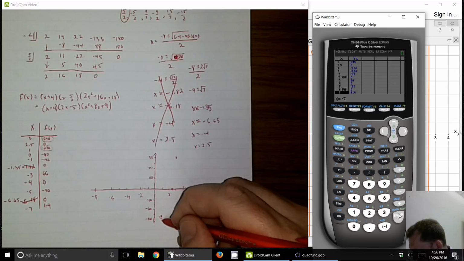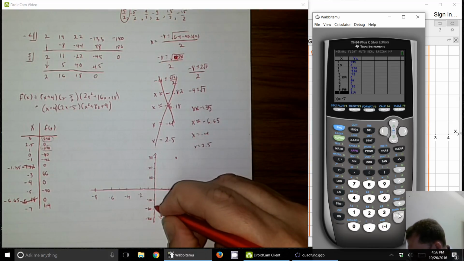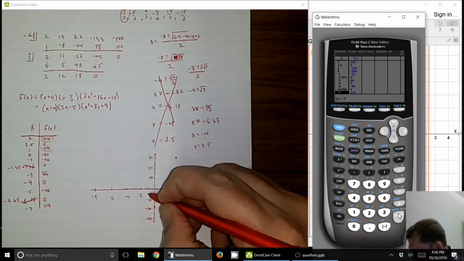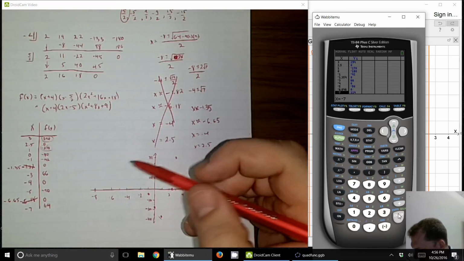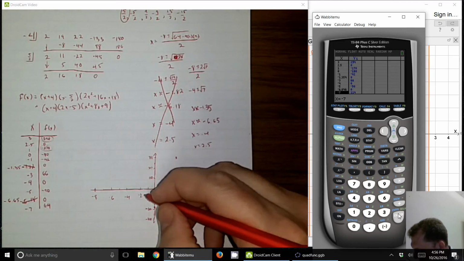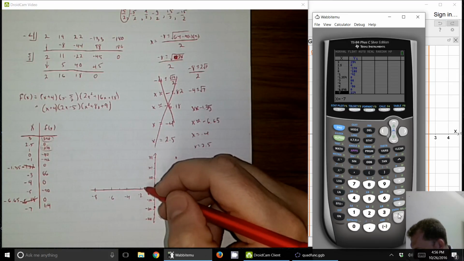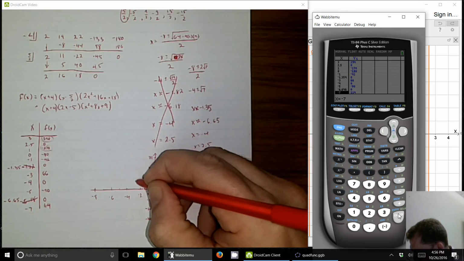Yeah, no, this is right. Then 0, negative 180. Then negative 1, negative 42. Then the 0 was at negative 1.35, so right there. Negative 3 gave us 66, so that's 2/3 of the way up here.